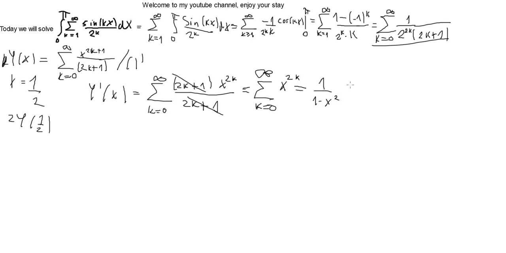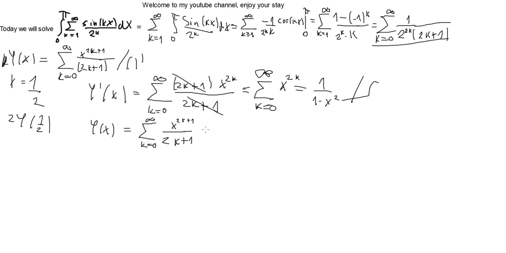Now we need to integrate backwards to get phi of x. We don't need phi prime, we need phi. So integrate both sides. So we will have here phi of x again, and when we integrate the sum, we will have x to the 2k plus 1 divided by 2k plus 1, k goes from 0 to infinity.